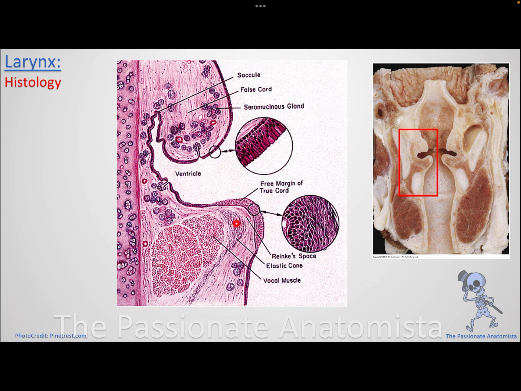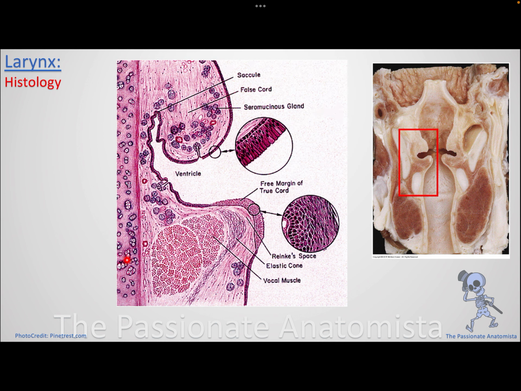However, the lower part of the lamina propria, or the connective tissue part between the epithelium and the muscle, actually has more fibers, because this is your vocal ligaments. All right, so the vocal ligament has more fibers, elastic fibers, collagen fibers, and so on. So these are the two parts of the connective tissue between the epithelium and the vocalis.